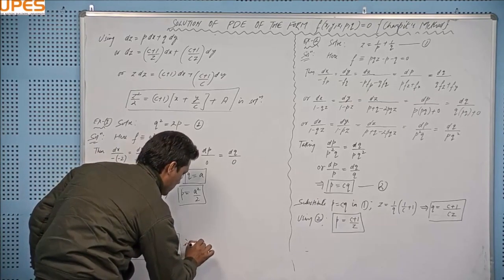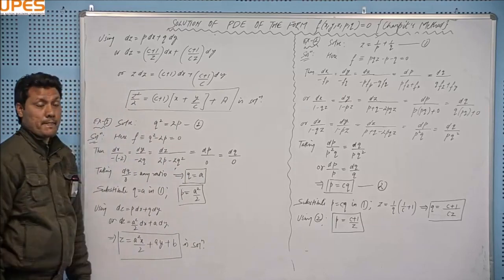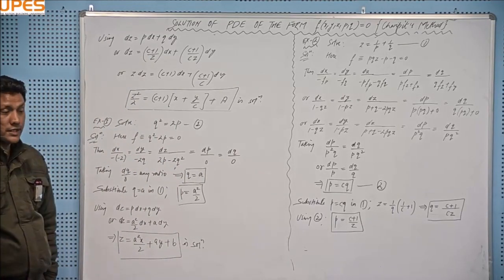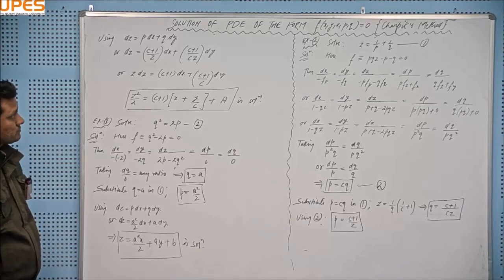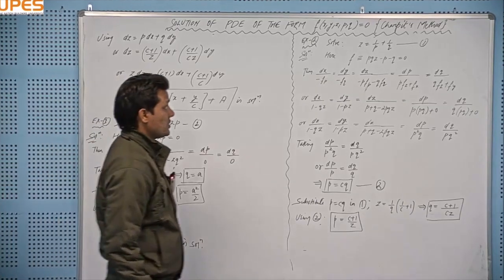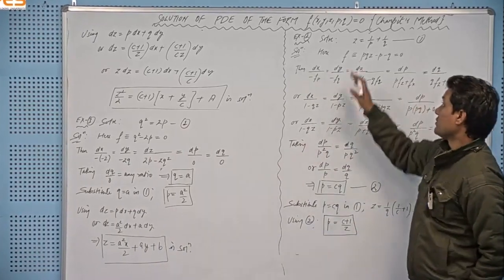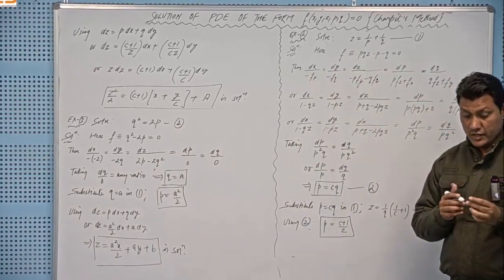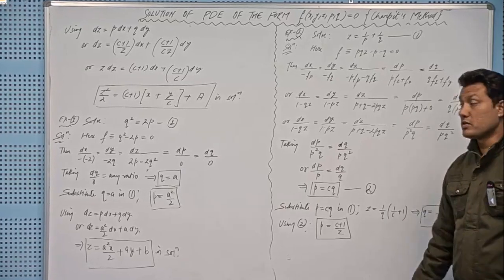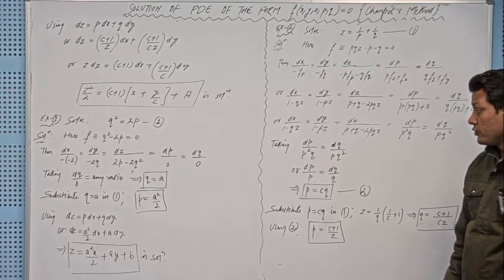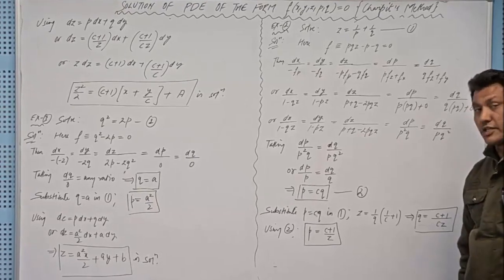So this is a solution for example number 3, and you can see that you have to remember Charpit's subsidiary equations in order to find the solution of this non-linear PDE containing only partial derivatives of first order p and q. So we'll perform maybe some other examples in the next video. For this video, thank you so much.